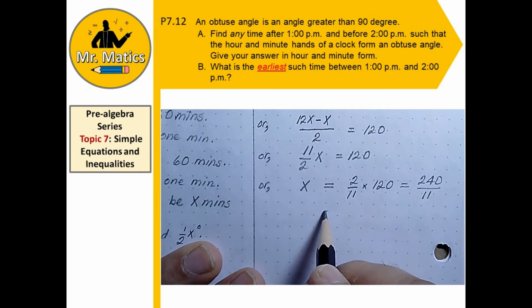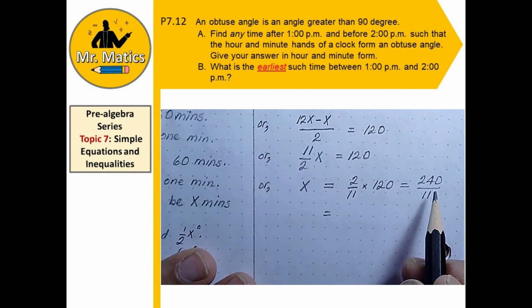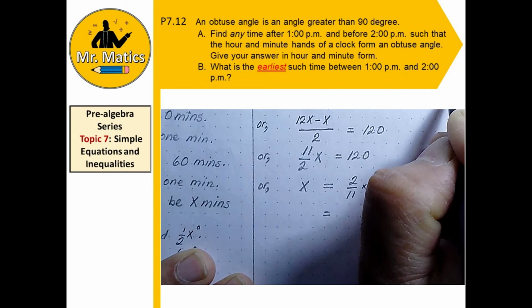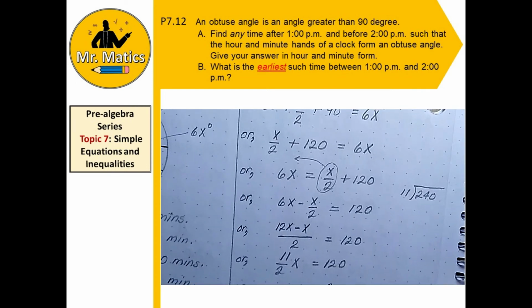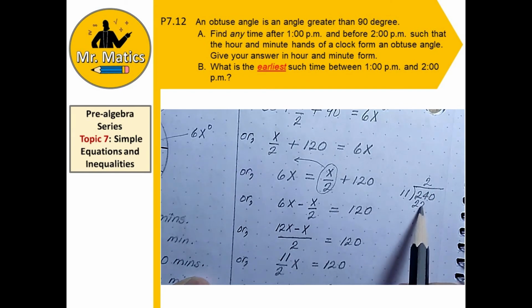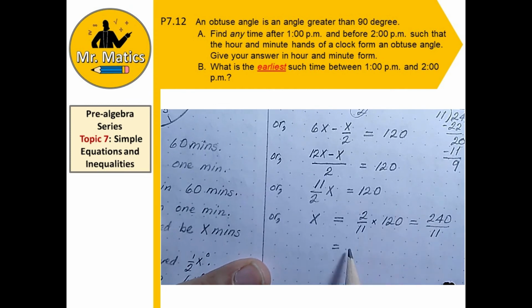So this would be, let me try to do a quick division here. So the answer is 21 9/11.